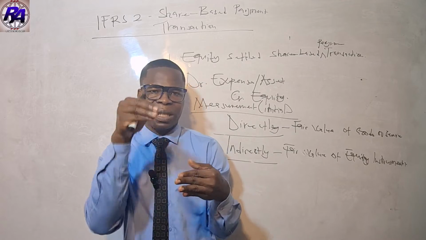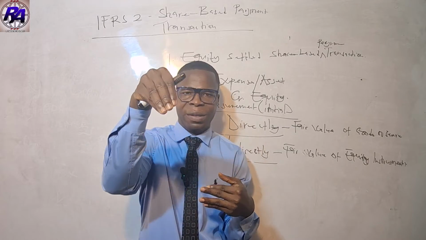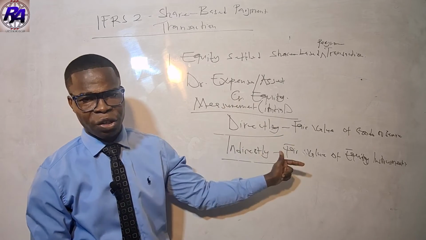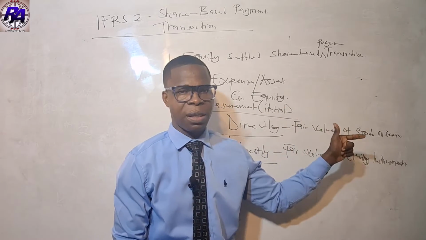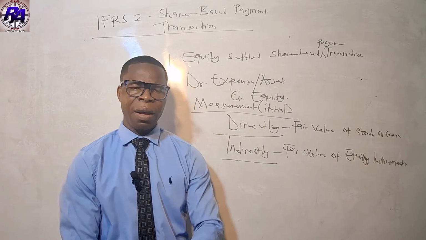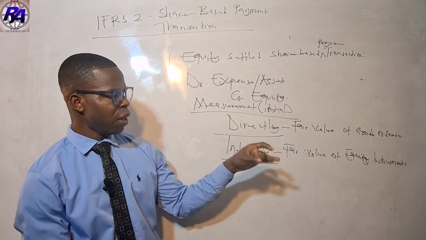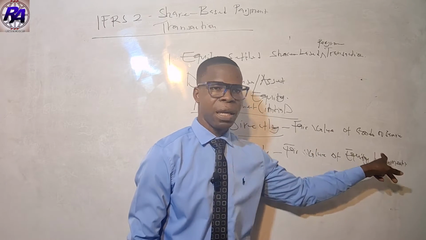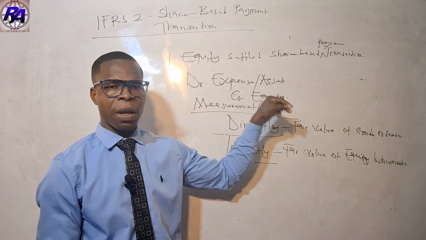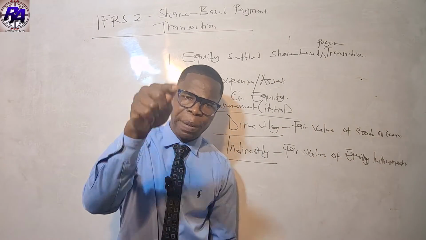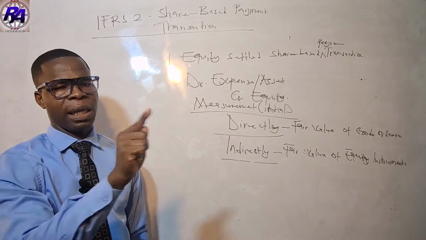So for that matter, we cannot ascertain the fair value of those services, and we have to resort to the indirect approach in measuring the equity settled share-based payment transaction. But please, when we want to use the fair value of equity instruments to measure goods and services received from a supplier, there is a rebuttable presumption that we must take into consideration.